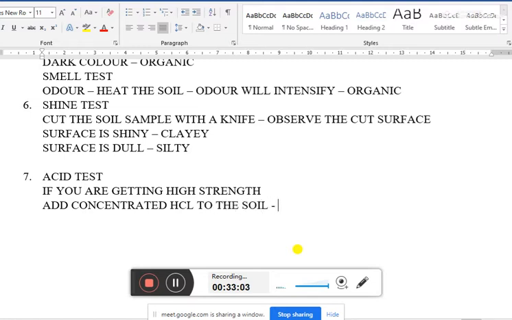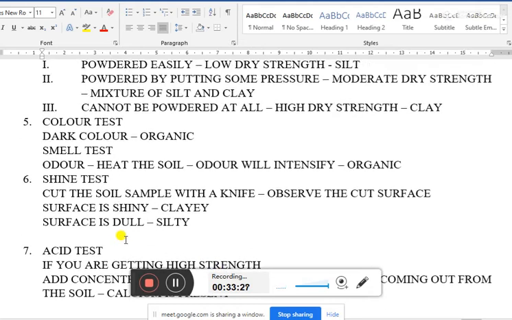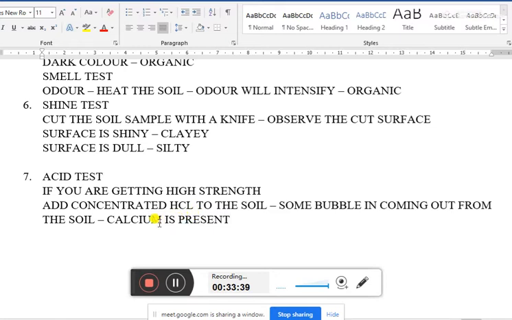If some bubbles come from the soil, then you may conclude that calcium is present, and the high strength of the soil is not due to clay particles but due to calcium. That means by the acid test you can conclude whether the soil is clay soil, or not clay but with calcium present.